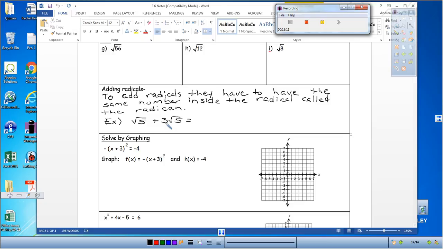So if I'm counting them, which is what I'm doing when I'm adding, how many radical 5's do I have? I have 1 here, right? And 3 here, right? So how many total do I have? 4 square roots of 5. Okay? Any questions over that?